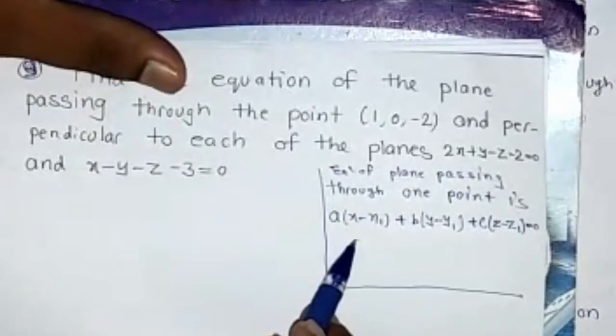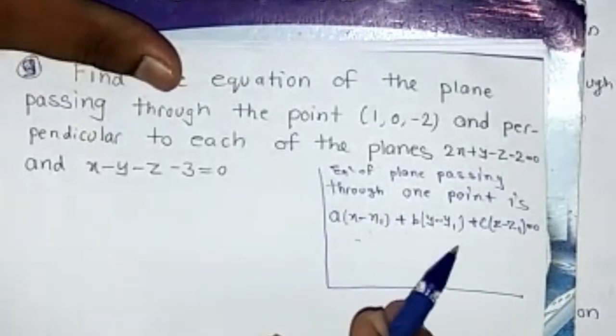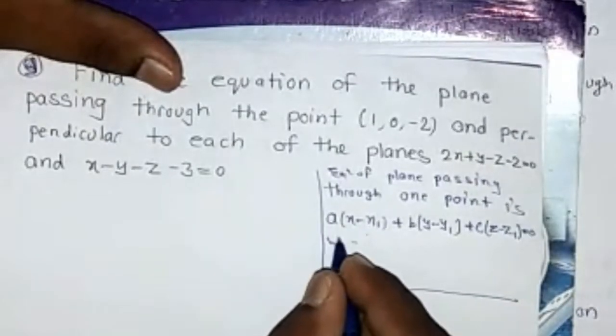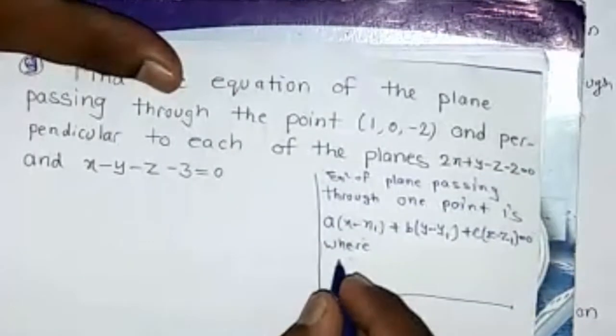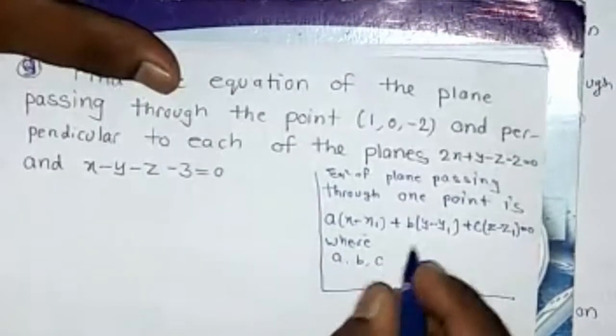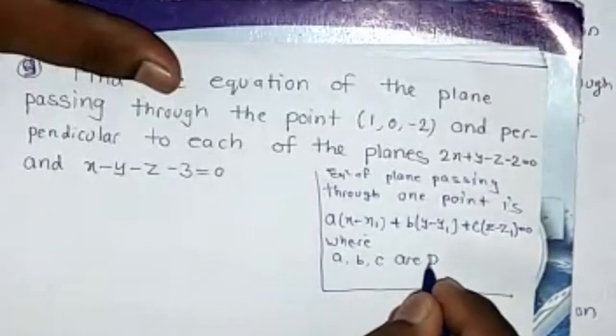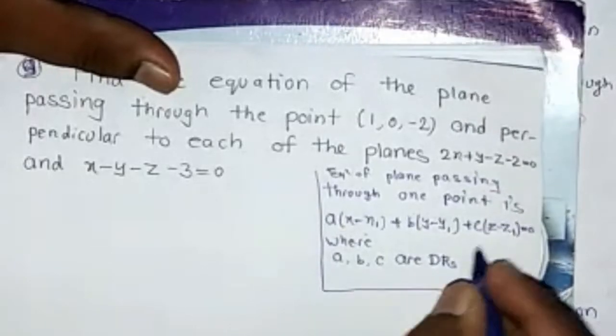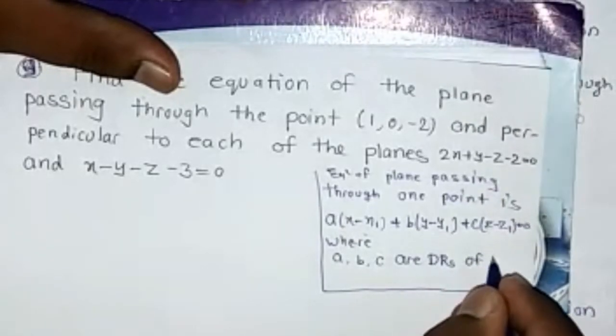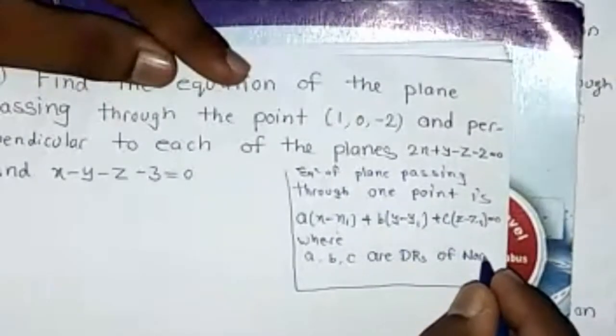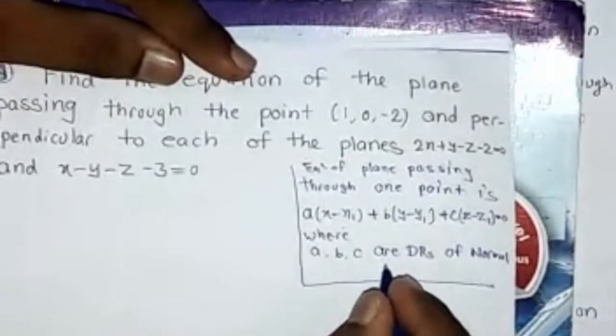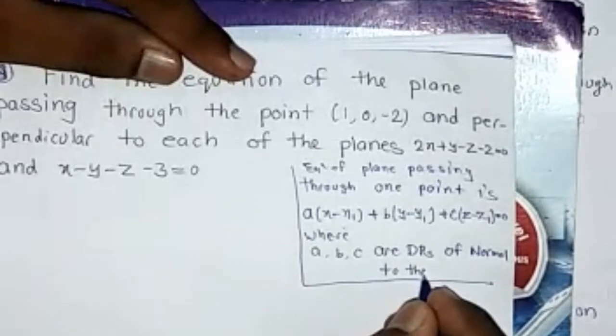It is the equation of a plane passing through the point (x1, y1, z1), where a, b, c are direction ratios of the normal to the plane.